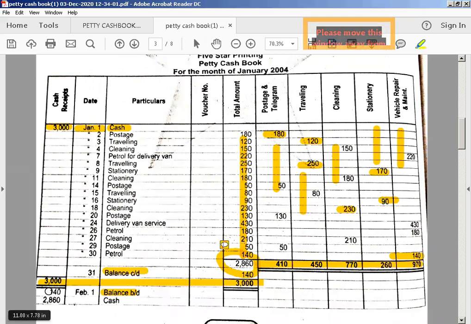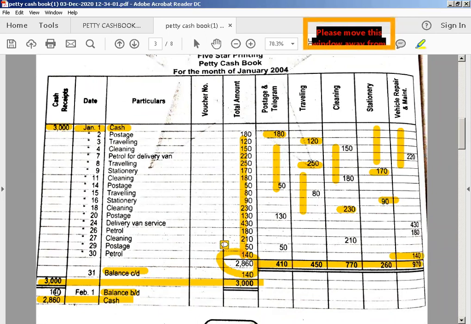Amount is same as 140. Clear? And this is 2860. We have shown that this is the amount of cash we have spent on expenses. Clear? So here they have shown the 3000 is the total amount which is given, and we have 140 as our balance brought down, from which next month will start.